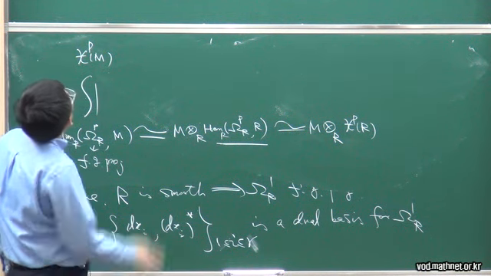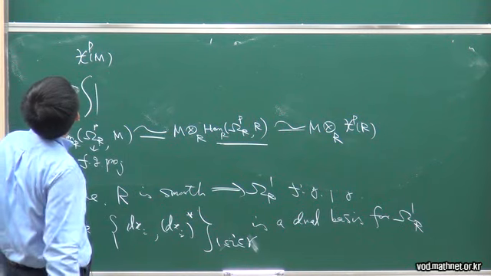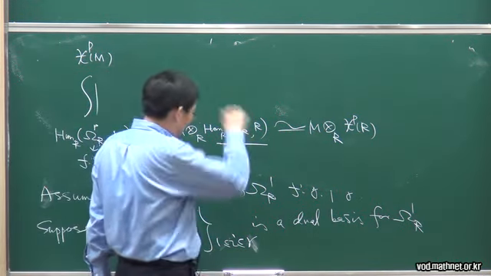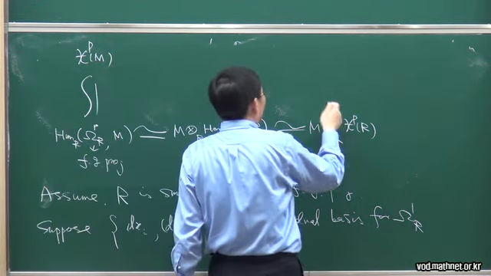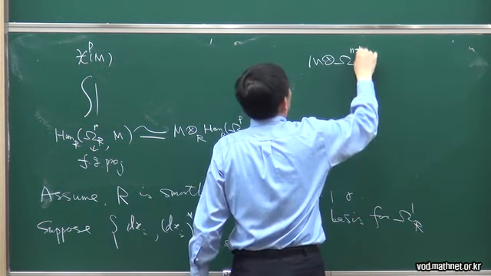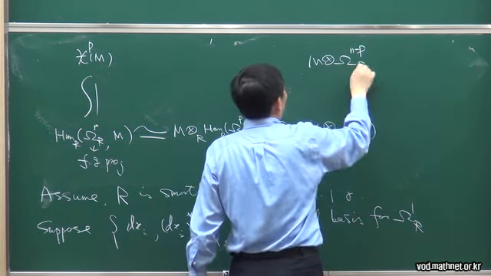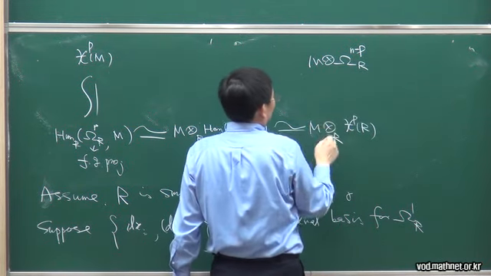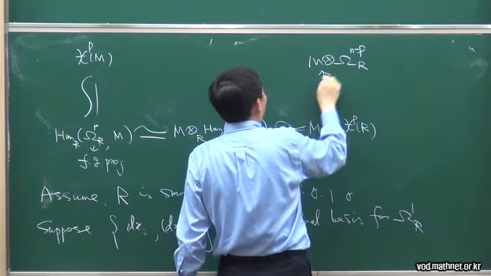And we can find this one, M minus P R. This is an isomorphism.